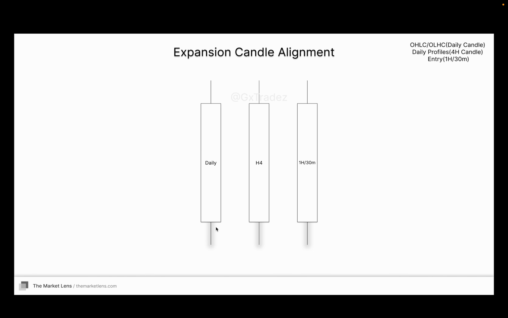Then I'm basically waiting once I hit that key level to see if the current 4-hour candle supports expansion away from that key level. If it doesn't, I'm going to wait for the next 4-hour candle to open up, to realign itself with expansion. Then I can trade the expansion away. Within that 4-hour candle, I'm trading 1 hour and 30 minute swing formations, right? So all I'm doing is just aligning expansion candles, like I said, right?